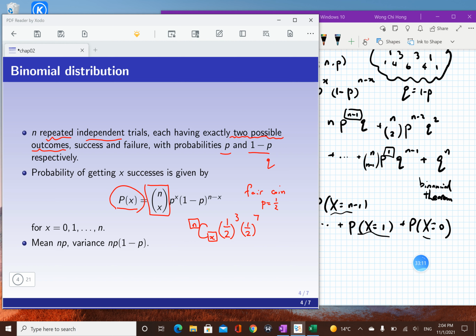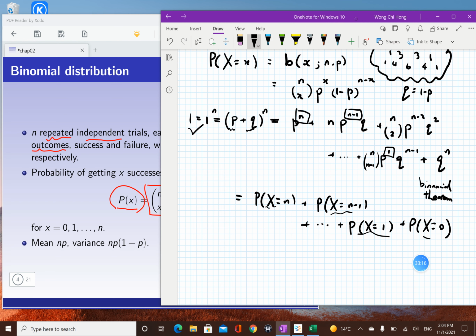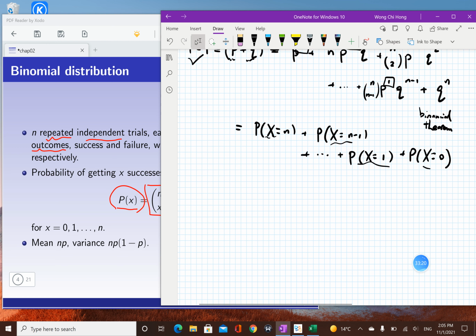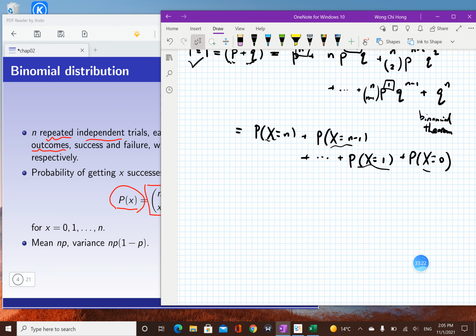And the picture is actually pretty much like the one we had earlier, the bell-shaped curve here. But depending on the size of p, you may get something heavier on one side or the other. If you imagine p exactly equal to 0.5, then you will have something perfectly symmetrical in the middle.